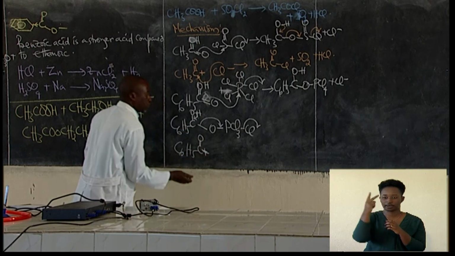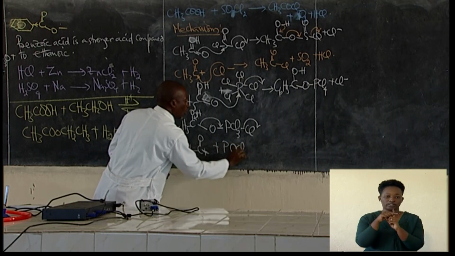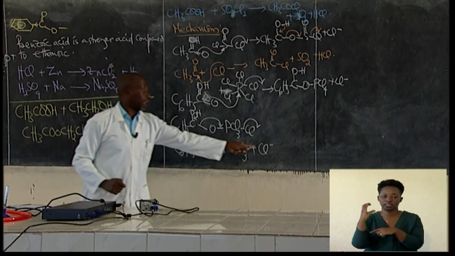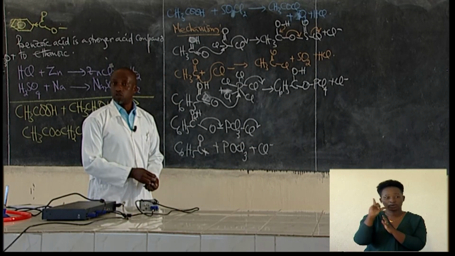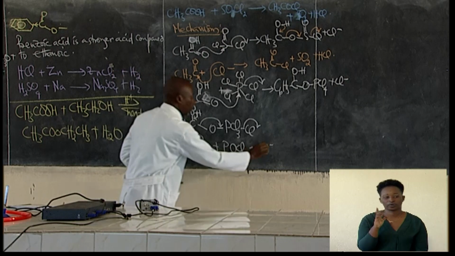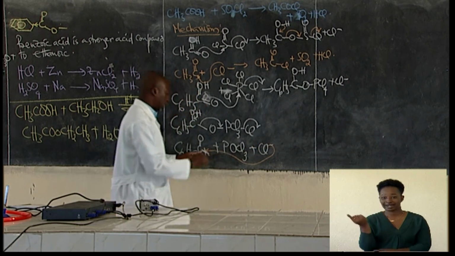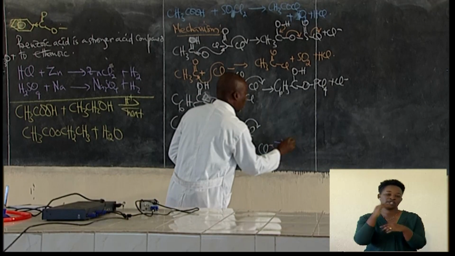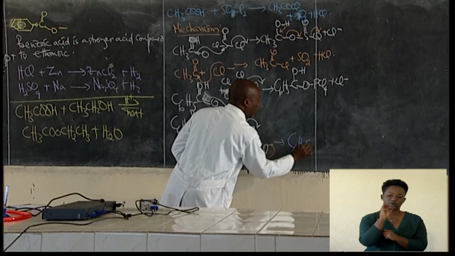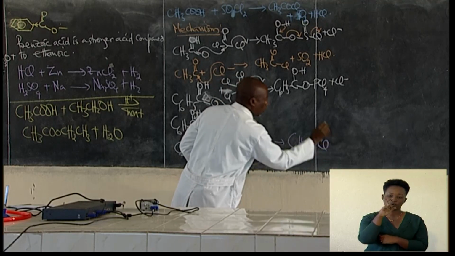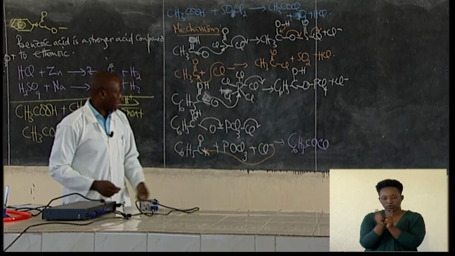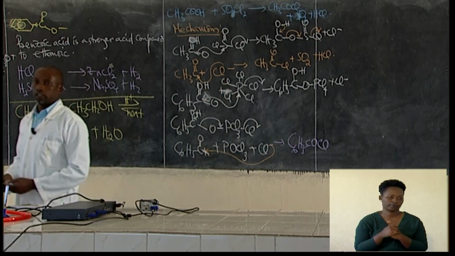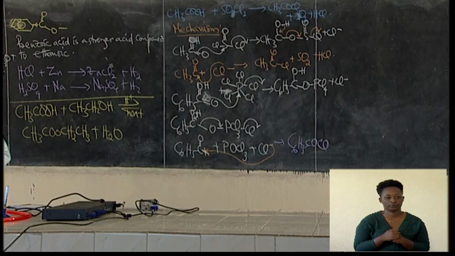This one forms a positive charge. Then plus POCl3, there is a chloride that has been formed. So this chloride here is a nucleophile. This nucleophile comes right away and attacks this positive charge. So it forms benzoyl chloride, C6H5COCl. This compound has been formed, and then the hydrogen chloride is also formed.